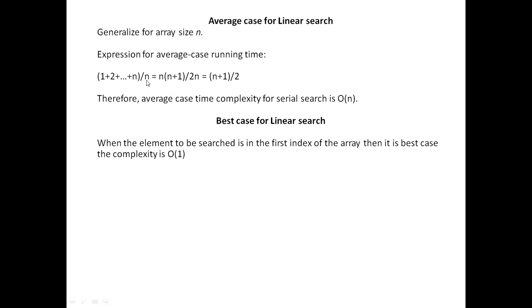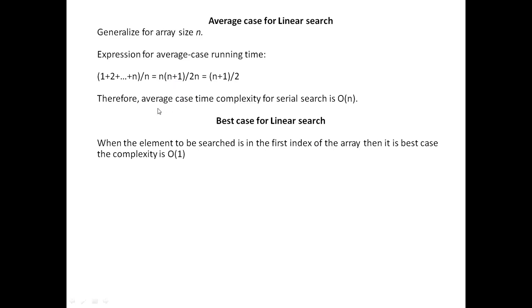Already in the denominator we are having n. So it is n into n plus 1 divided by 2n. Solving this expression, this n and n get cancelled, so we will get n plus 1 divided by 2.